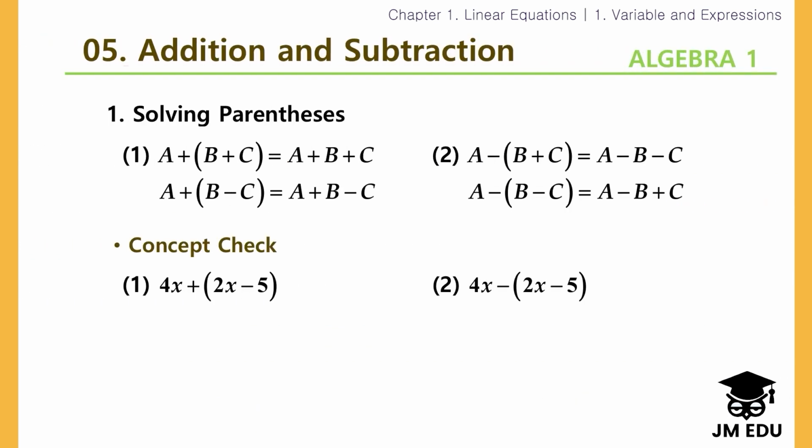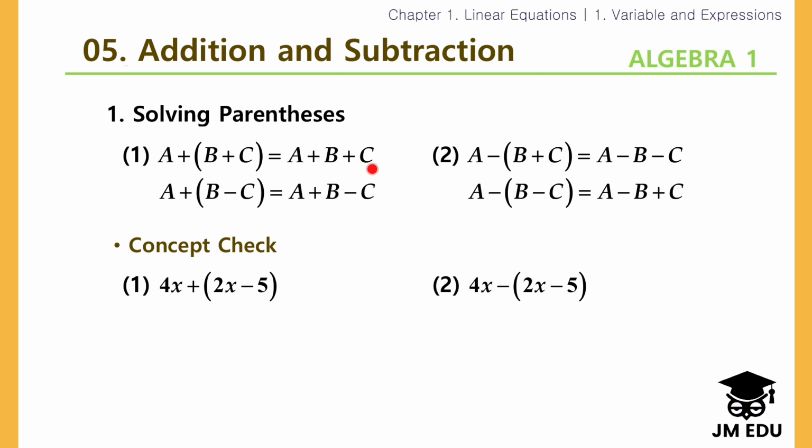Okay, now we have addition and subtraction. Number 1, solving parentheses. Let's say we have a plus parentheses b plus c. Then that is equal to just a plus b plus c, right? Because plus times b, that's plus b, plus times c, that's just plus c.